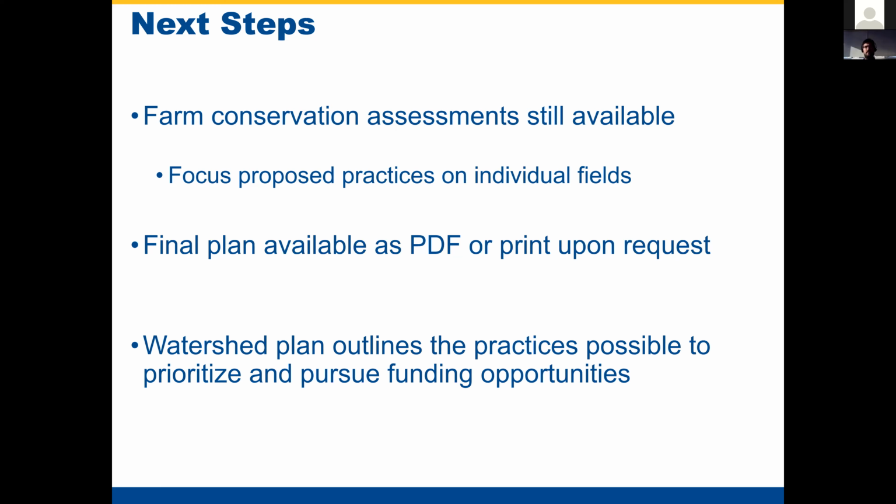The first step in acquiring those is often having a plan. And so this provides an outline for any future watershed level work, focused on conservation practices. So that's the purpose of this, and why we went through the exercise of creating it.